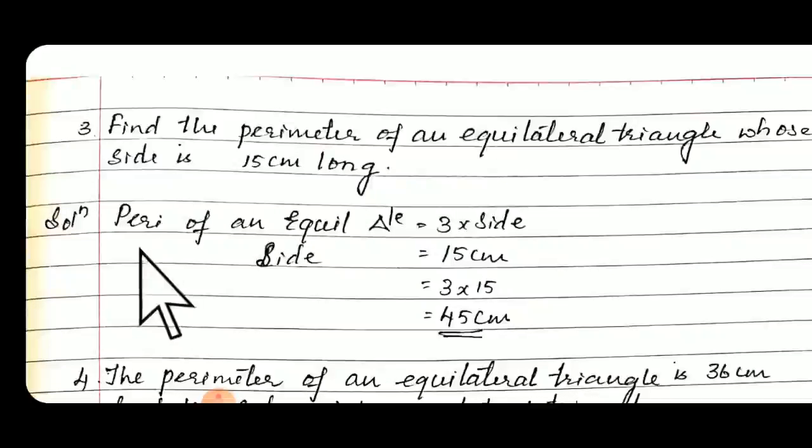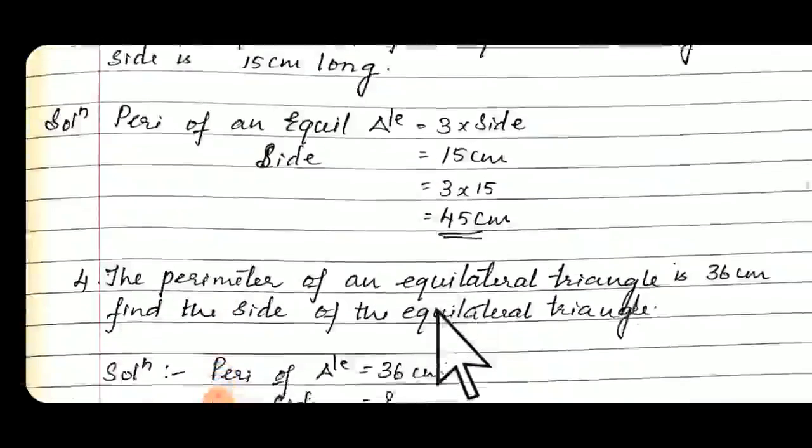So, write down the formula. Perimeter of an equilateral triangle is equal to 3 into side. Side is equal to 15. So, according to the formula, 3 into 15, you are going to get 45 as perimeter.